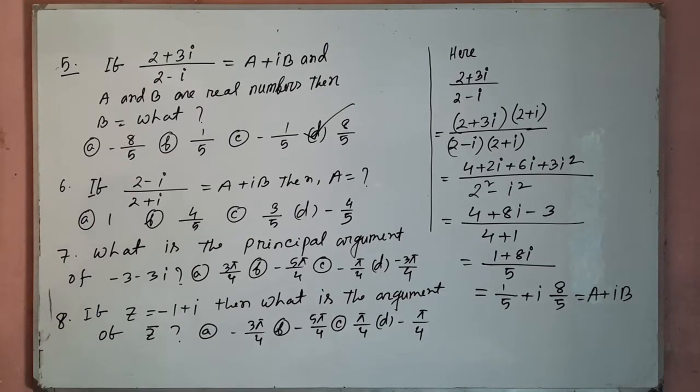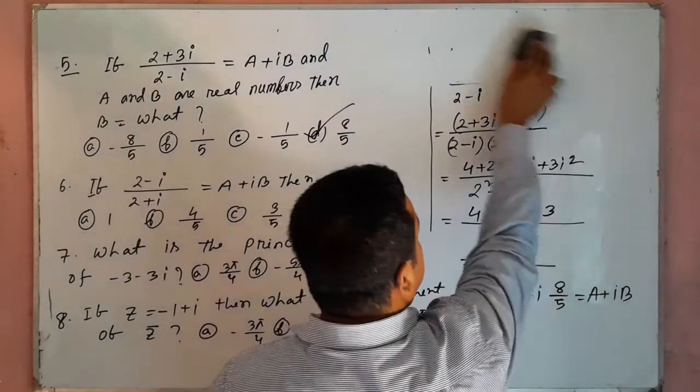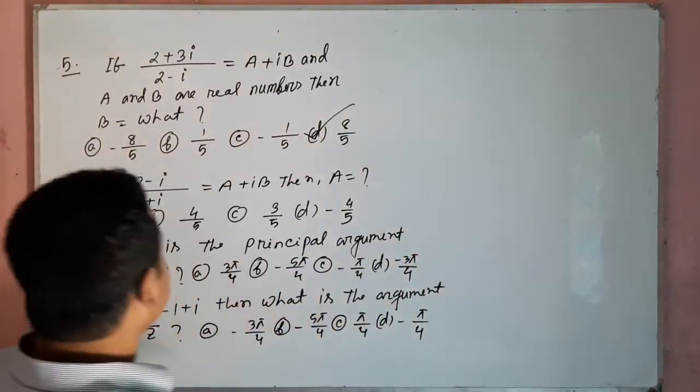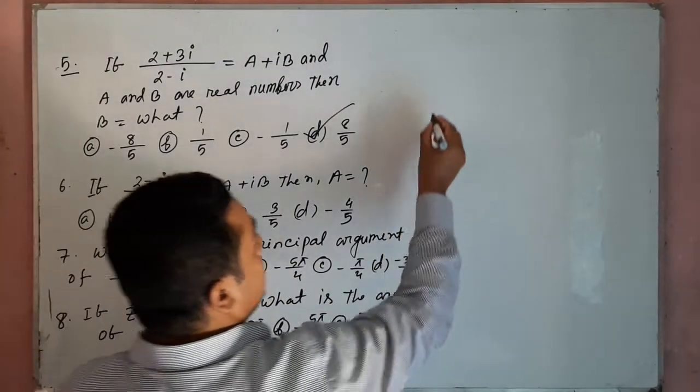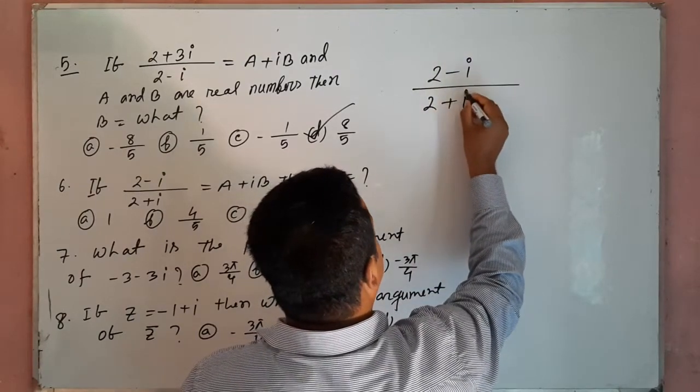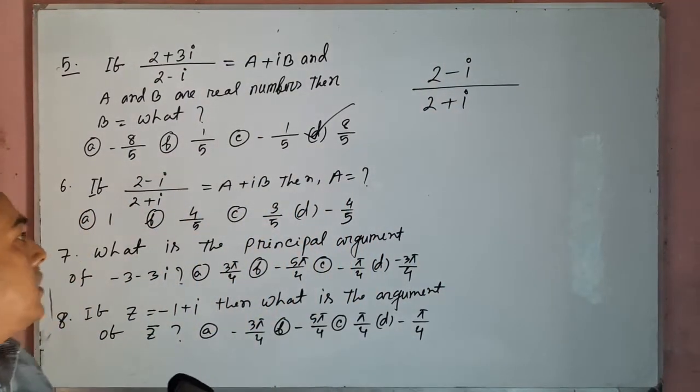Okay, now question number 6. Similar type question. How can you solve it? It is also a similar process: (2 minus i) divided by (2 plus i). How can we convert it into this expression?